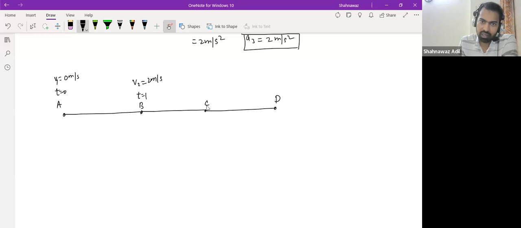It comes here and the velocity becomes 6 meter per second. Then at t equals 3 second, the velocity becomes 14 meter per second. So what is the acceleration between these points?